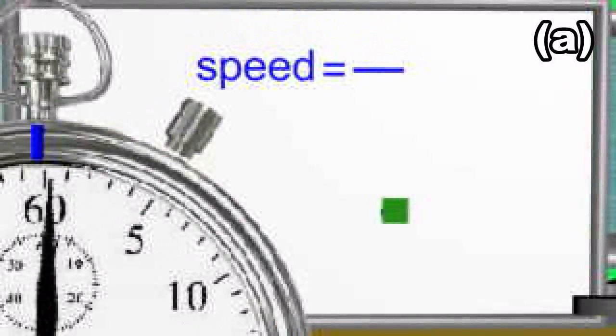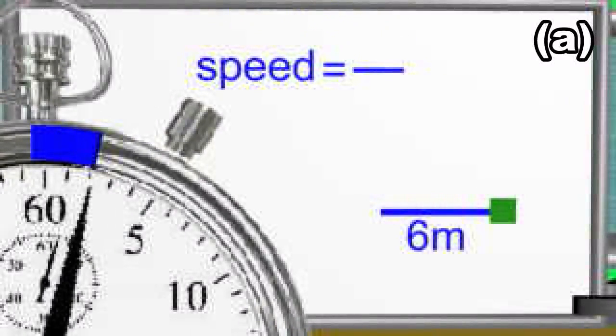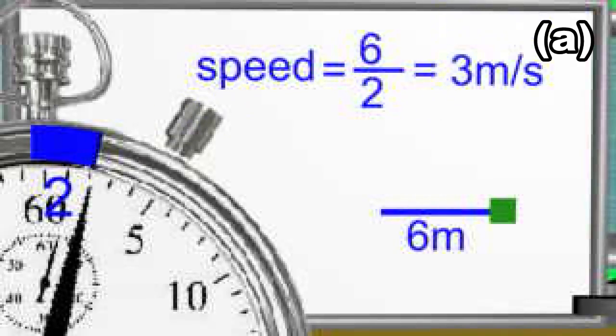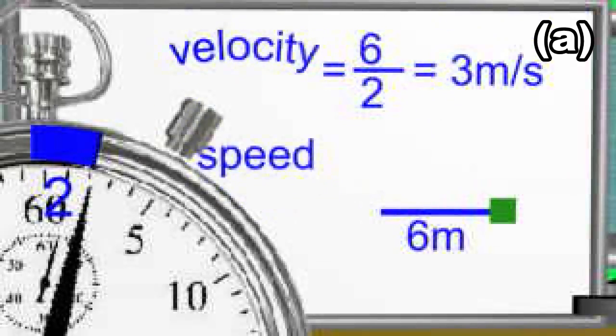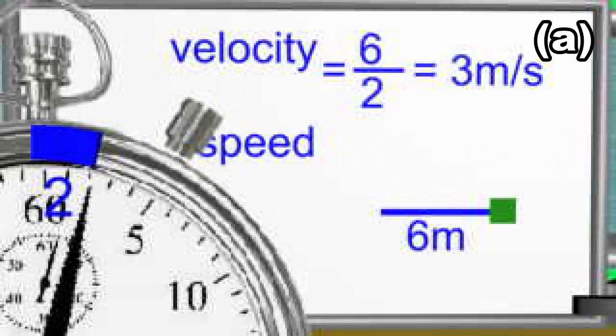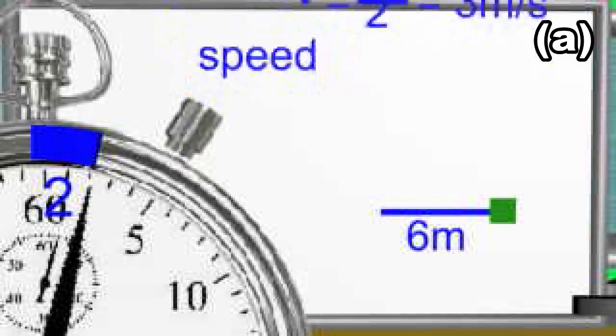In the first 2 seconds, the moving object moves by 6 meters. Because the object has traveled a straight line, the displacement and the distance are equal. That means 6 meters, so we have. In this case, speed and magnitude of velocity are equal.